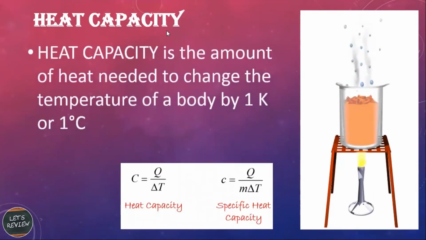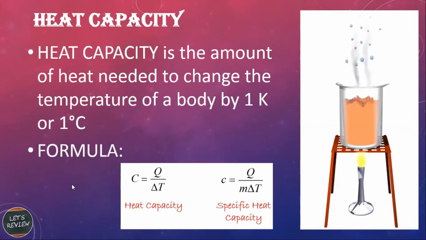So therefore, heat capacity is the amount of heat needed to change the temperature of a body by 1 Kelvin or 1 degree Celsius. That is the heat capacity of the object. And the formula to get heat capacity is C = Q divided by change in temperature.